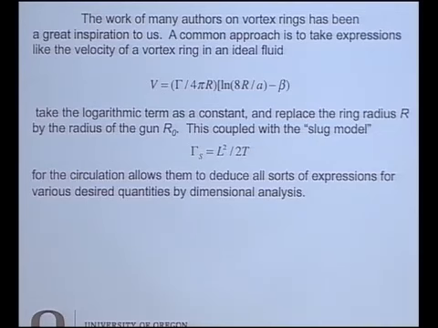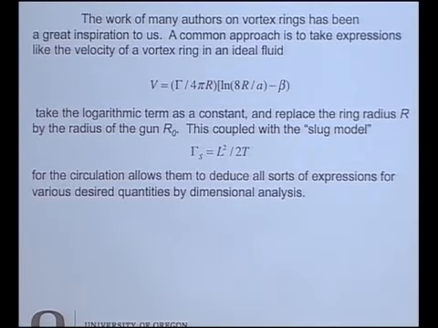And they use something called the slug model, which suggests on good dimensional grounds that the circulation depends on the square of the stroke divided by twice the time of the stroke. Having done that, you can do all sorts of dimensional analysis, and you can get very interesting, useful results that agree especially well with the propagation of vortex rings with fairly thick cores.